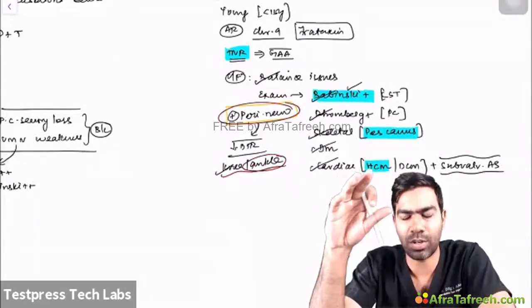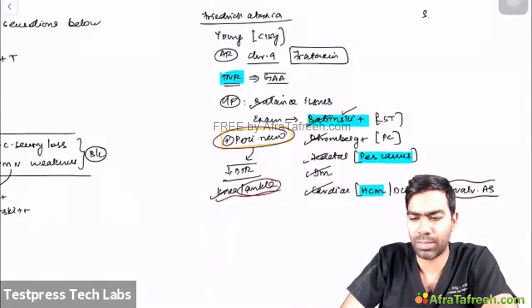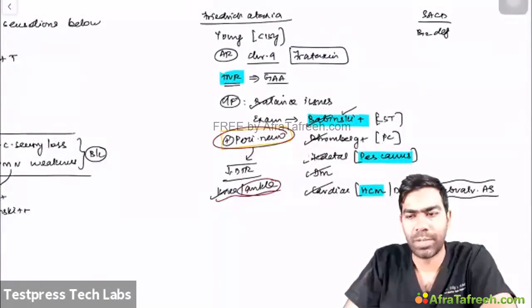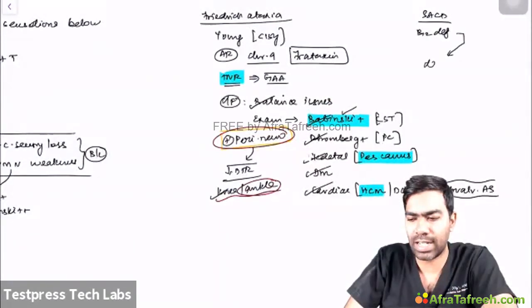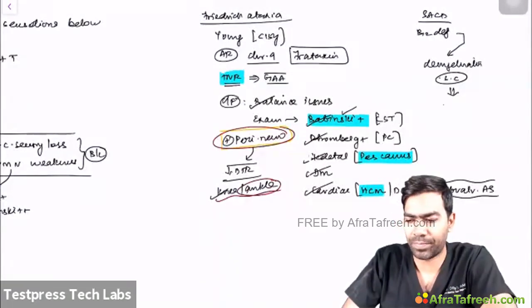Because even in subacute combined degeneration, even though the etiology and pathophysiology may be different, the problem is B12 deficiency. B12 deficiency does two things. One is demyelination at the spinal cord level. This demyelination because of B12 deficiency will result in corticospinal tract involvement and posterior column involvement.